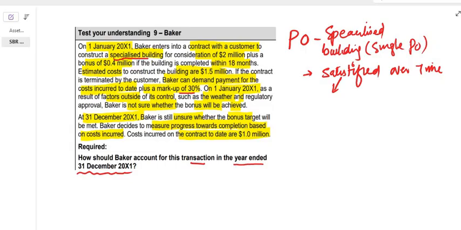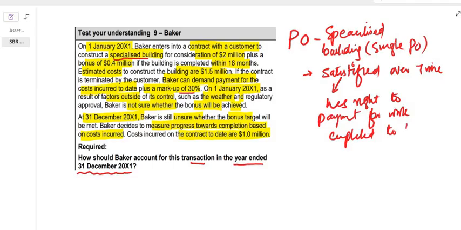So this means that B has a right to payment for work completed to date. So the first one is the specialized nature of the asset, and the second one is the right to payment. So this means that the performance obligation is satisfied over time. Clear?